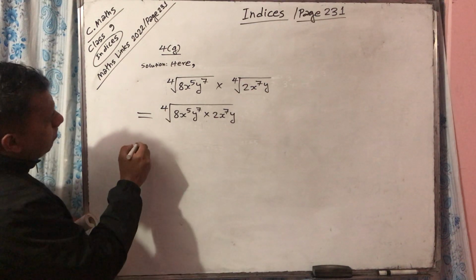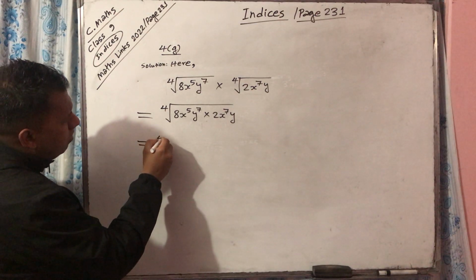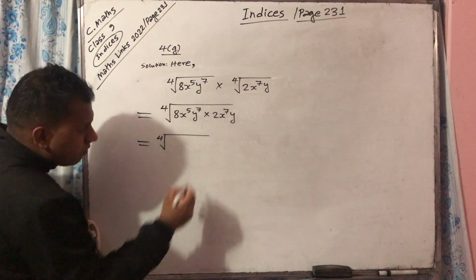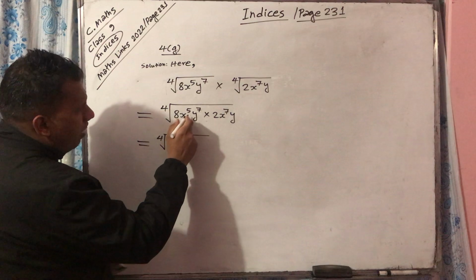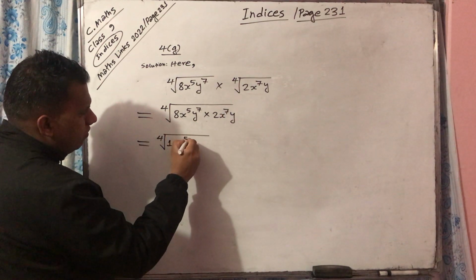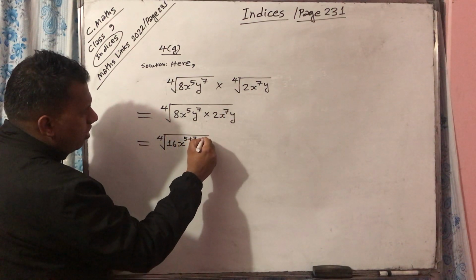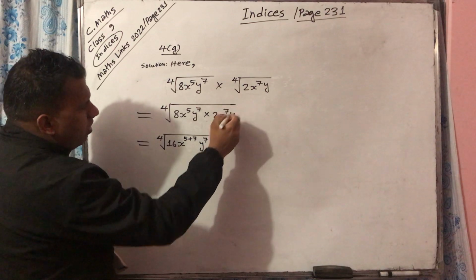Okay students, this equals fourth root of 8 times 2, that is 16, x to the power 5 plus 7, and y to the power 7 plus 1, since here there is no power, that is 1.